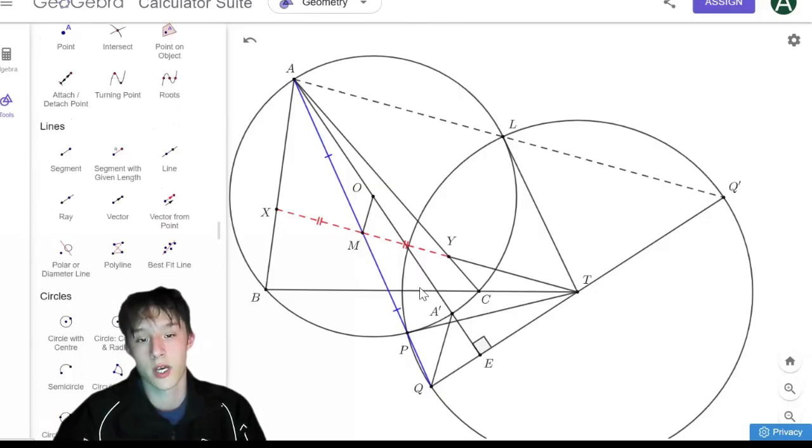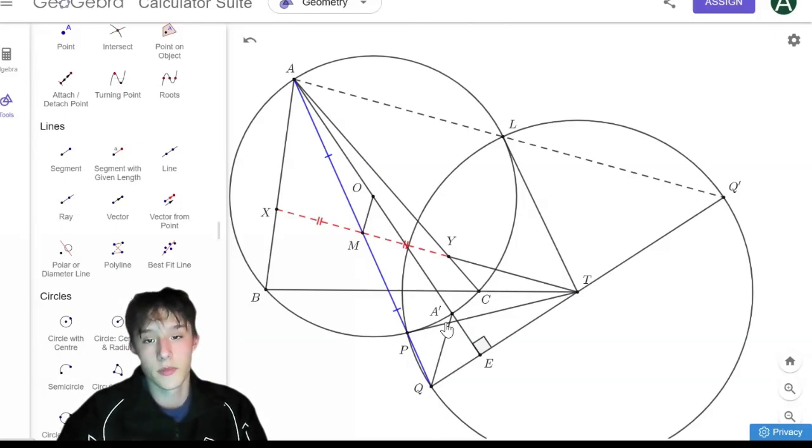So the circumcircle of MTE is basically the Euler circle. If MTE is the Euler circle, then we want to show that P lies on the circle.